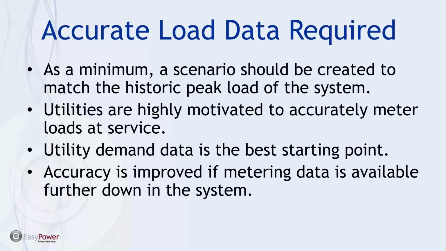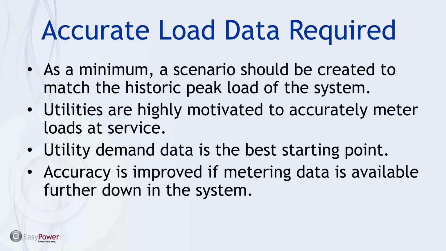Now, if you have metering data, that's even better. You can refine down to the bus. And aside from that, you can make some assumptions based upon the speeds or load that you're putting on the individual motors. And this can be done en masse to give us a first order approximation. We'll get into that in the example.